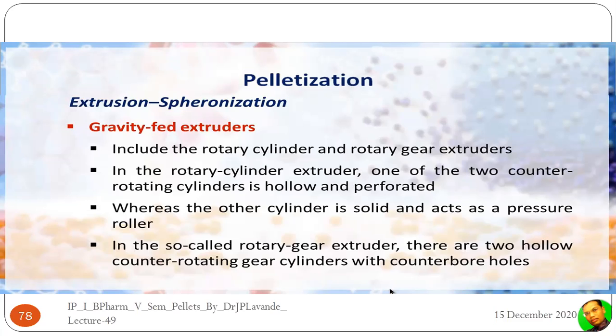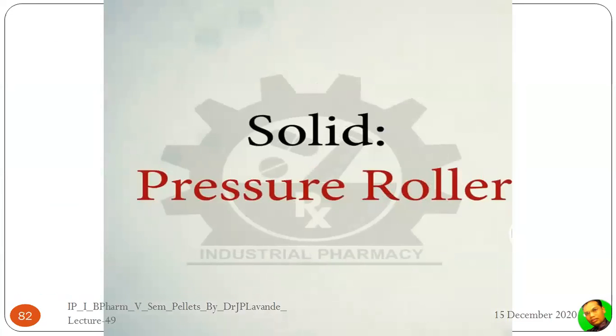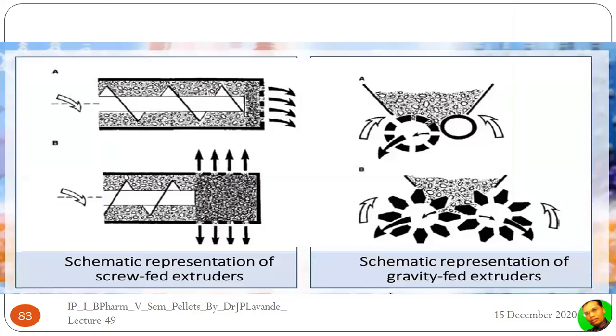Whereas in case of the rotary cylinder extruder, one is hollow perforated and the other is solid. The solid one is going to act as a pressure roller. And in case of the rotary gear extruder, as both are perforated and hollow, the gears of one are going to act as a pressure for the other, and likewise. We are going to come to know all these in the next particular slide.